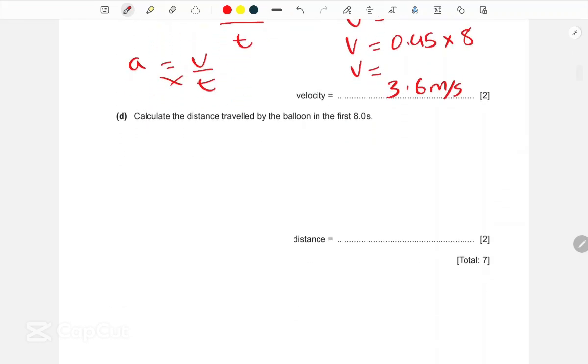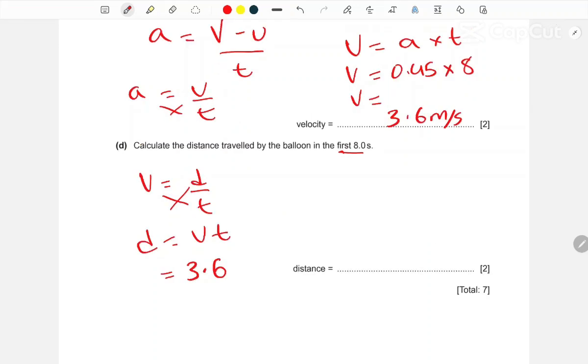Part D. Calculate the distance traveled by the balloon in the first 8 seconds. So we know that speed equals distance over time. So the distance would be equal to vt. So we have the velocity from the previous question, which is 3.6, times the time, which is 8 seconds.